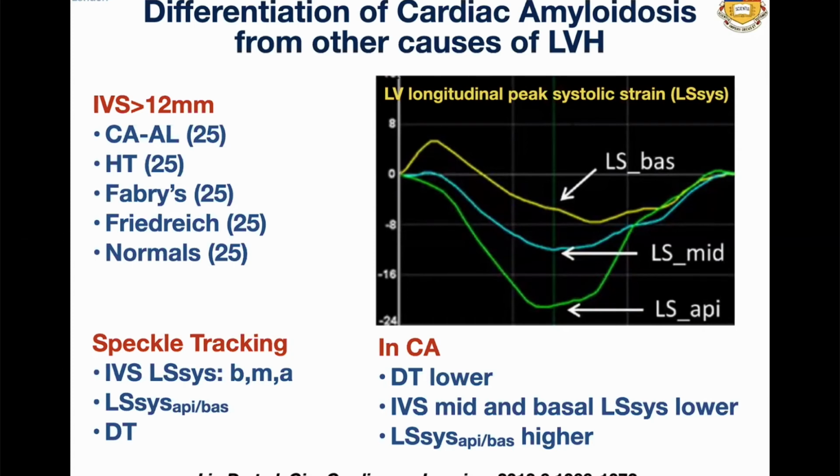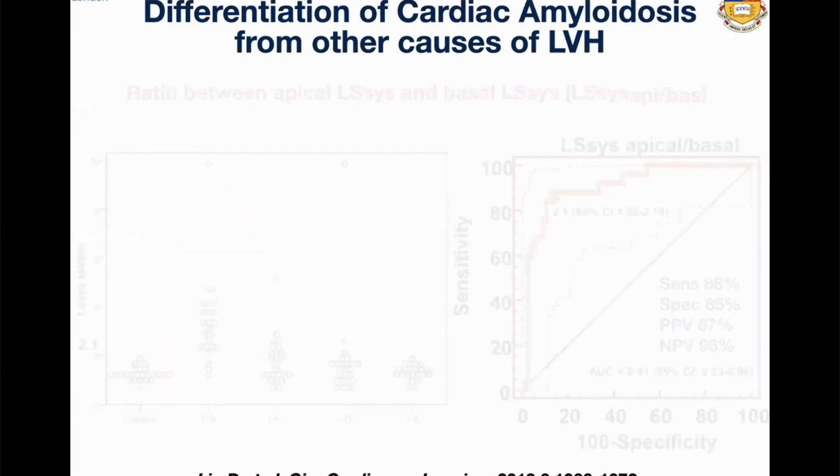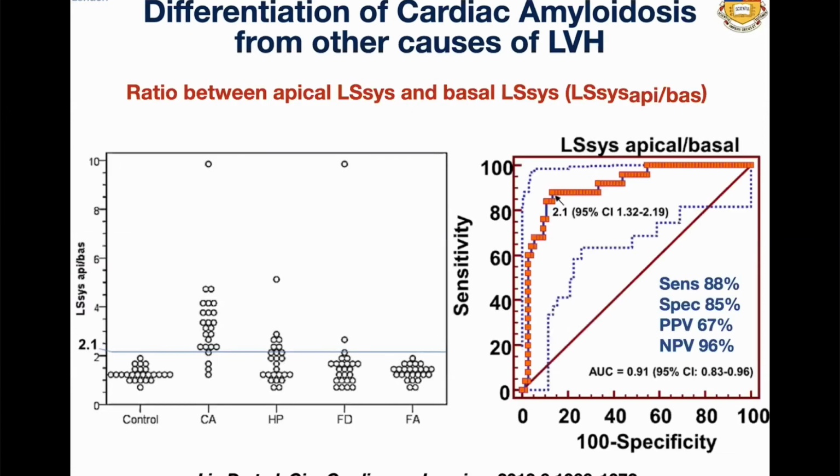And this is the left systolic apical to base ratio, which is higher in patients with amyloid versus other forms of ventricular hypertrophy. In this study, they show that a ratio of 2.1 between base and apex can separate patients with amyloid from other forms of ventricular hypertrophy. So that is a number that you probably can remember.